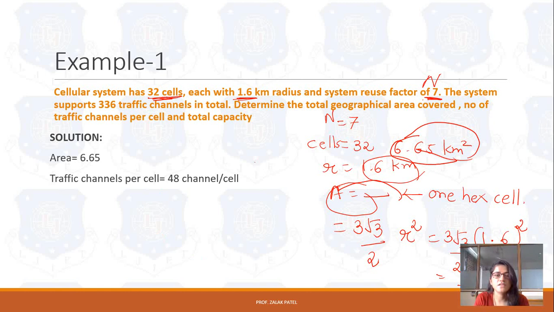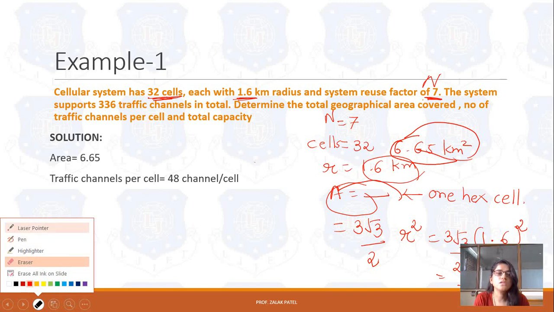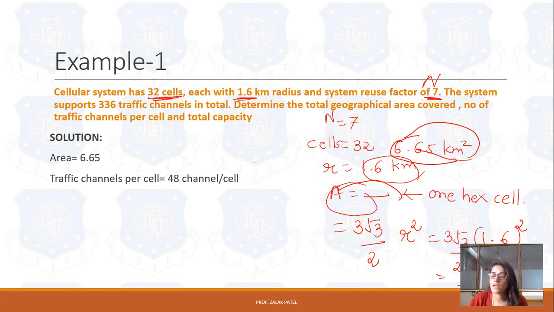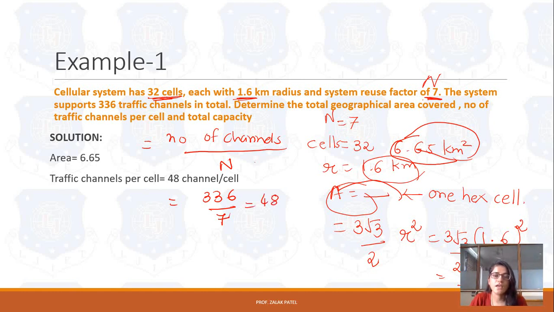To find the number of channels per cell, we divide the total number of channels, 336, by the reuse factor, 7. It gives us the answer: 48 channels per cell.